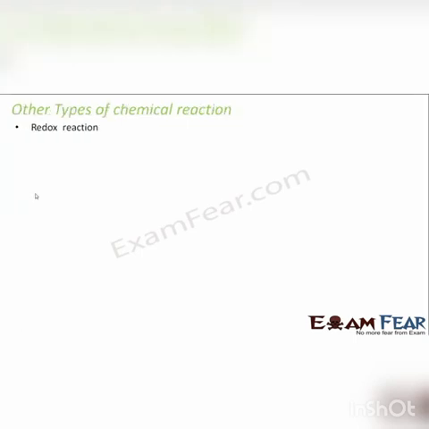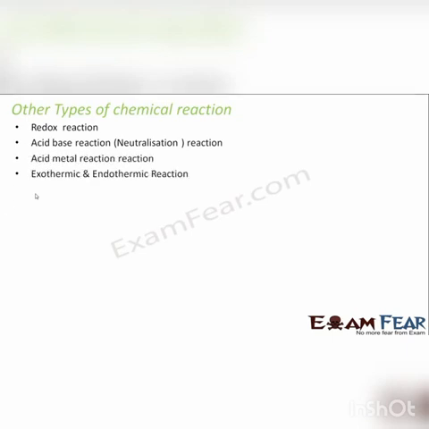Correct? But there are other types of chemical reactions also, based on property. Redox reaction is whether oxidation or reduction is going on. We'll explain this. Acid base reaction, whether the reaction is between acid and base. Acid and metal reaction. Exothermic, endothermic, that is whether the reaction is giving out heat or we have to provide heat for the reaction.